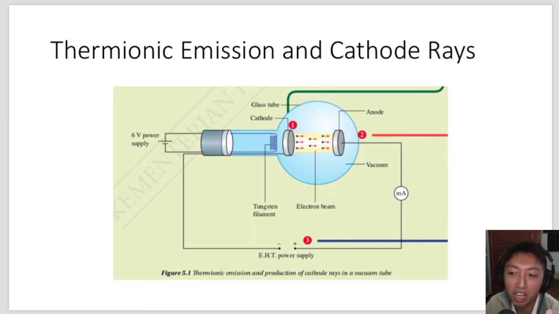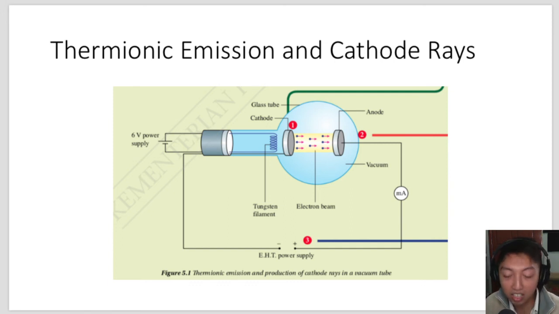If you change the direction of the flow of electrons, meaning I switch the negative and positive side, then suddenly there is no current. In other words, current can only move in one direction in this particular circuit because of the way that thermionic emission works.